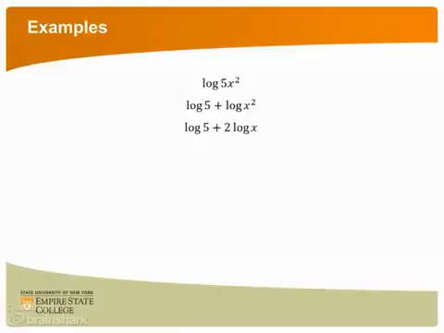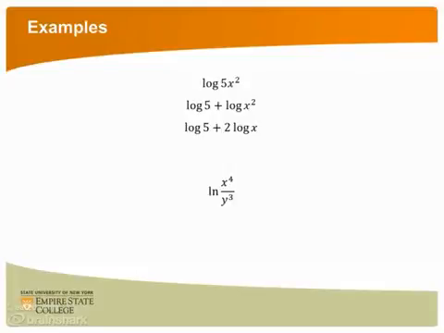The 2 that is the exponent becomes a coefficient for the log of x. Note that the 2 only goes in front of the log for x, since the only thing that was being squared was the x. So our final answer would be log of 5 plus 2 times the log of x.